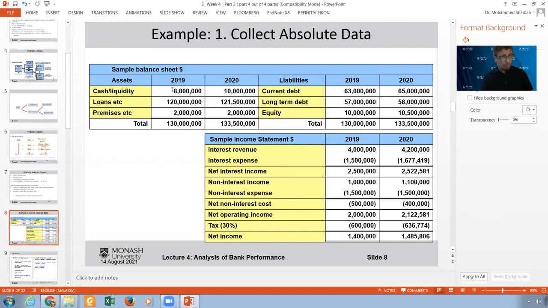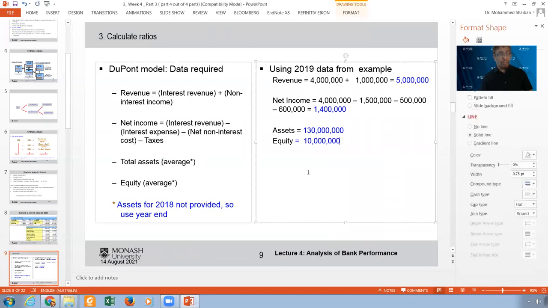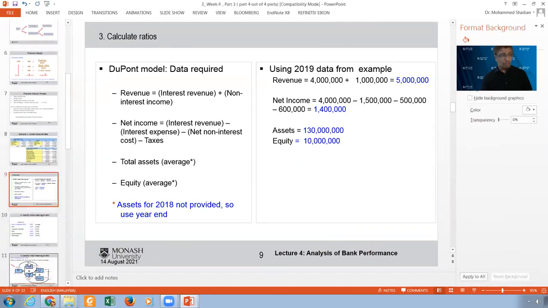But when I compare to 2019, I need 2018. I didn't bring 2018, so please take just the year end, which is the year end for 2019 and 2020. But to let you know, at this stage, when we do the calculation, actually we take an average of 2 years. Anyways, using 2019 data, we get these numbers, and we start now to do what?